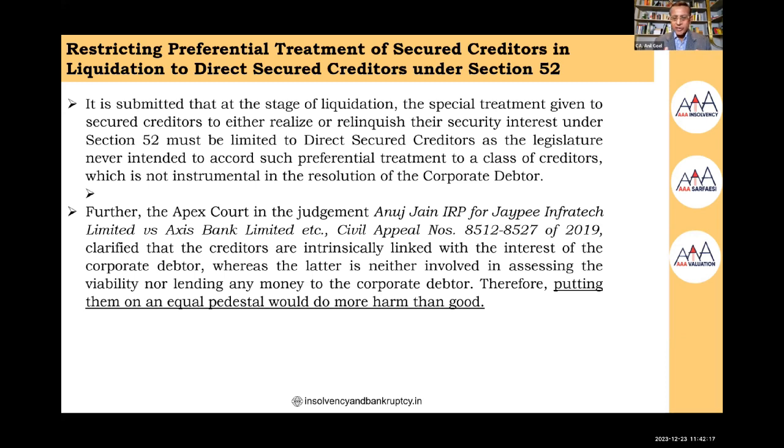In this case, I believe the court is again taking whatever was held in JP Infratech and in the case of Anuj Jain. So again, Section 52 is applicable to secured creditors. They actually have a right not to relinquish their security interest, and they have a right to enforce their own security interest, recover their money.